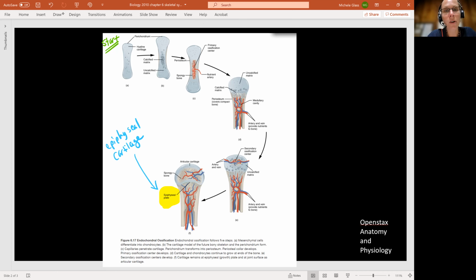In common terms, we might call it a growth plate. I won't use that terminology officially, so make sure you're thinking about epiphyseal plate or epiphyseal cartilage, located at the place we mentioned as being called the metaphysis. Notice too that your bone started out as cartilage and that articular cartilage remains. The articular cartilage is there from the origin and is never converted into bone. So that's how we get that articular cartilage.